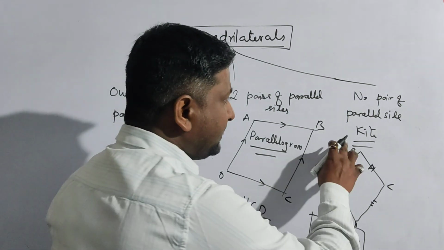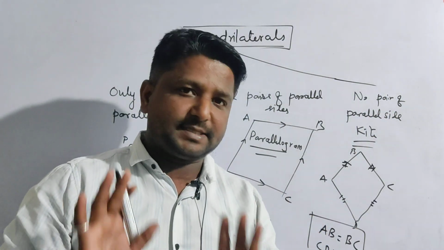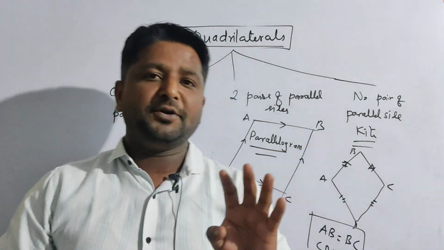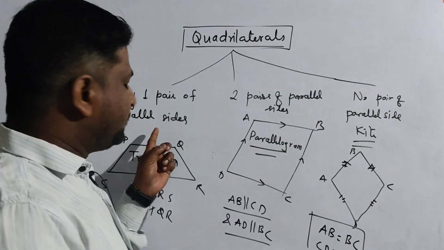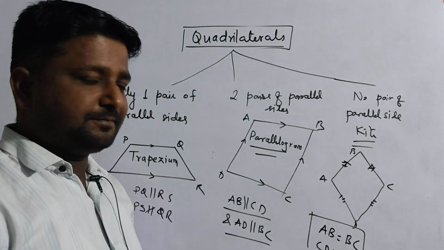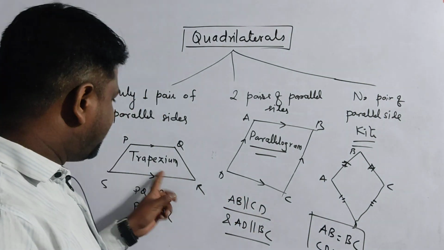And in a kite we are not going to have any pair of parallel sides, right? So let's recall it one more time. A quadrilateral is a simple closed curve made up of four sides. If only one pair of opposite sides is parallel, then it becomes a trapezium.